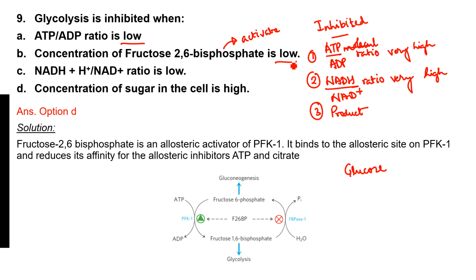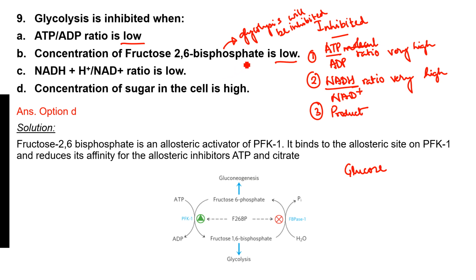If it is low, then what will happen? If it is low, then glycolysis will be inhibited, right? Why will it be inhibited?